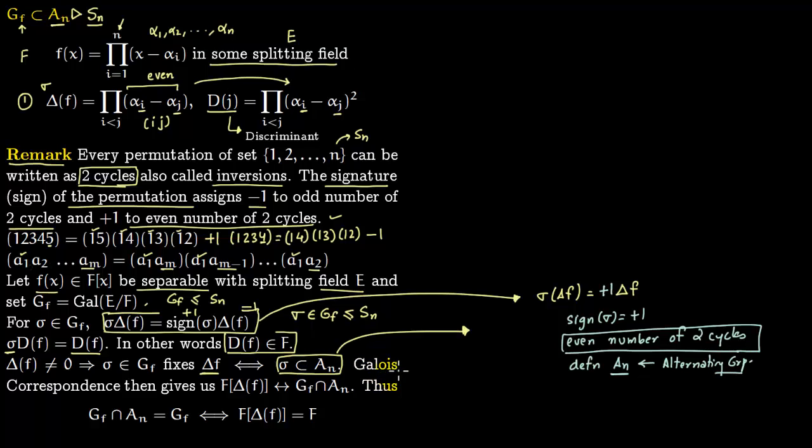Then the Galois correspondence will give us this. So Gf intersection An: if there is any element which obviously is of the Galois group but also lies in An, then it will fix not only f, which is going to be fixed because it's an element of the Galois group, but since it also lies in An, it's going to fix delta f.